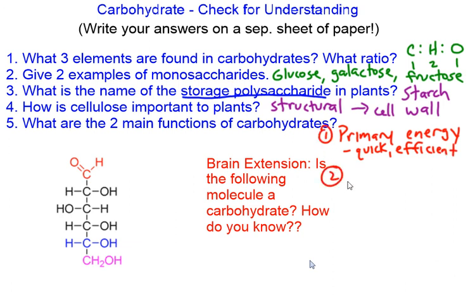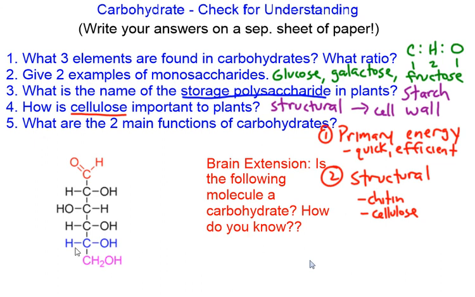And then we're also going to have structural components. And remember, our two examples were cellulose, and then remember we also had chitin, which is involved in your fungi and your insects, specifically with your insects' exoskeleton.